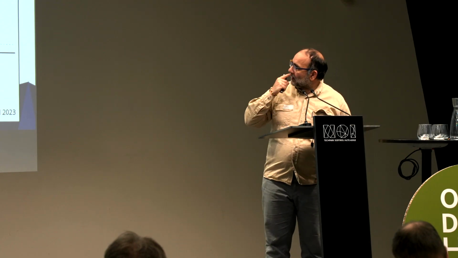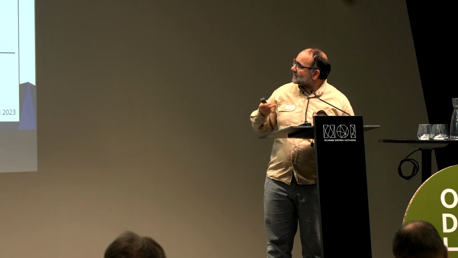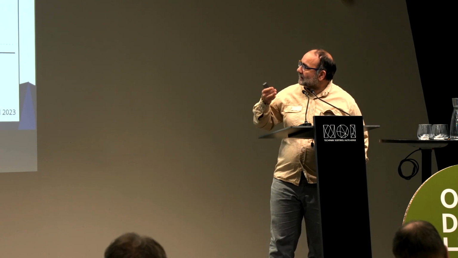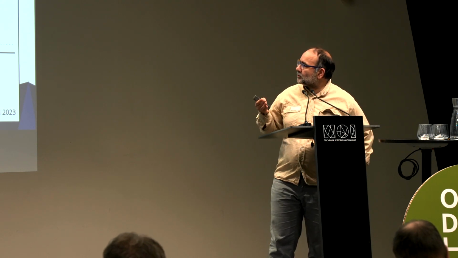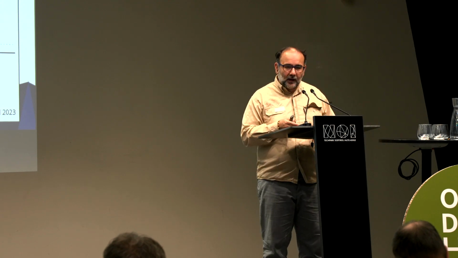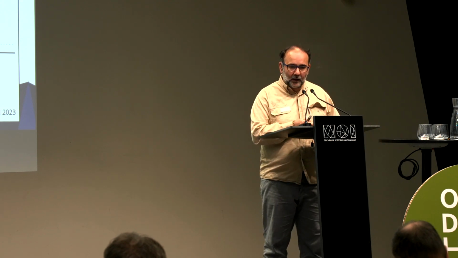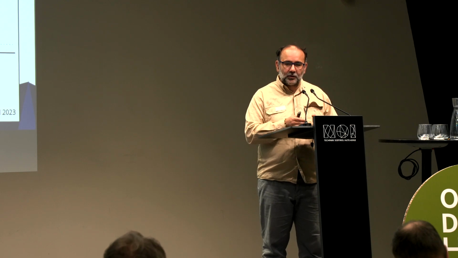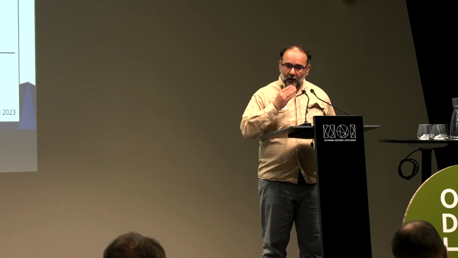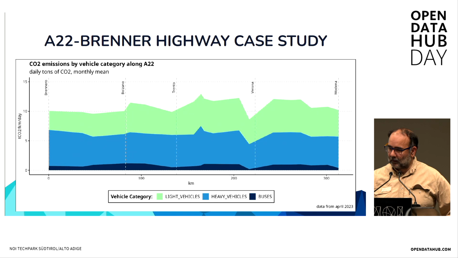And why are we seeing some variation in total CO2 emission? Because in each stretch we have different speed, different fleet composition, different total flow.